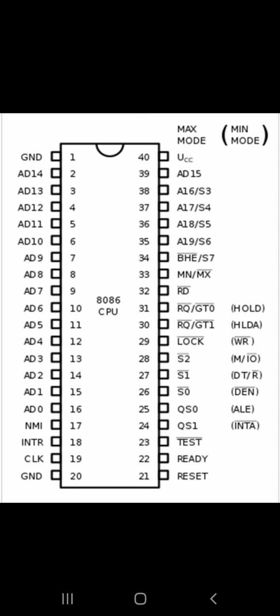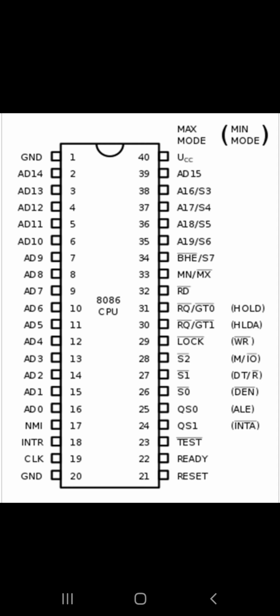And if it is in maximum mode, then the pins will be QS1, QS0, S0 bar, S1 bar, S2 bar, and so on up to pin number 31. You can see those pins, right? So it can work in two different modes. That is why this pin 33 is a dual function pin.